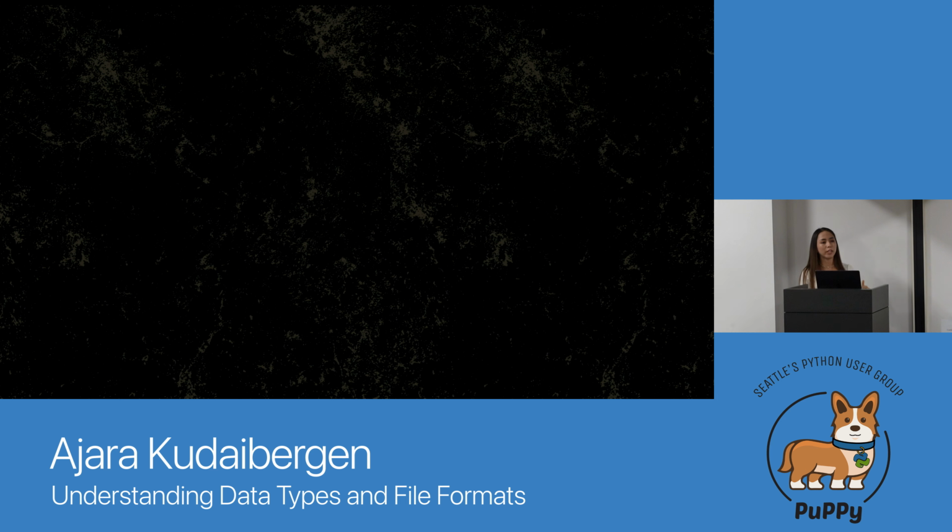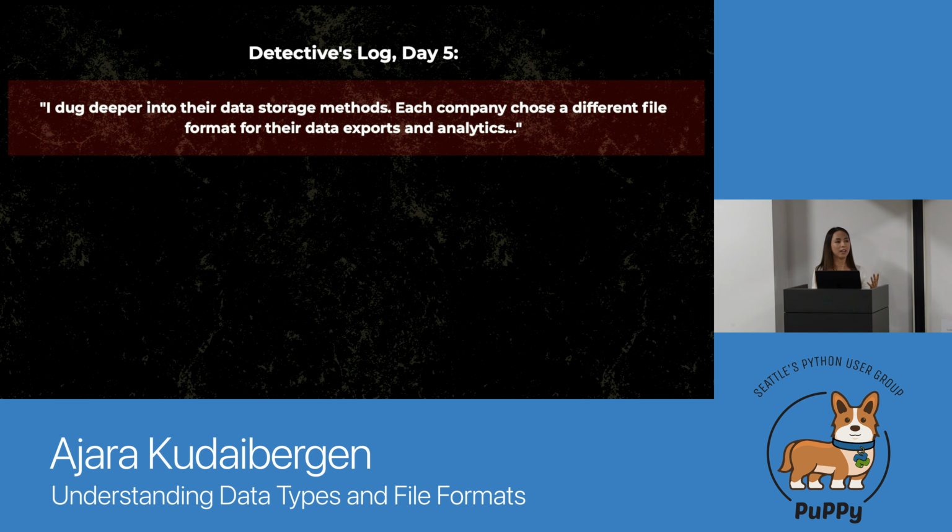Now you're the data detective, following his work, and let's read another log from the Data Detective's journal. Detective writes: I dug deeper into their data storage methods. Each company chose a different file format for their data export and analytics.